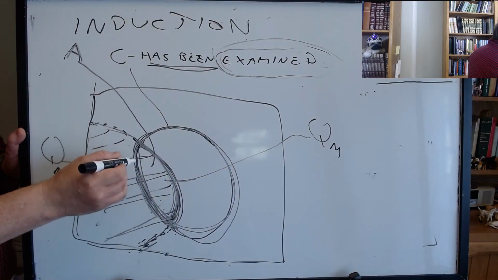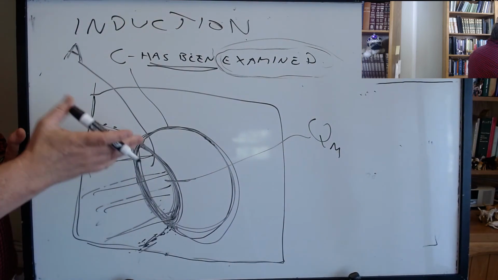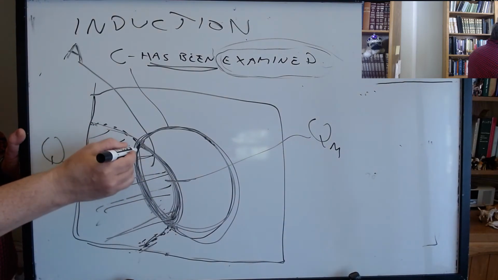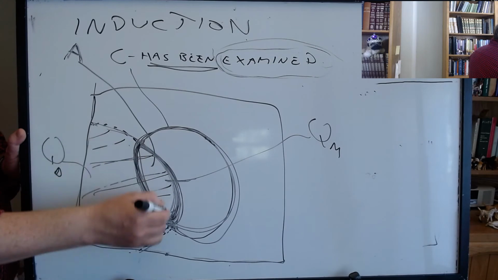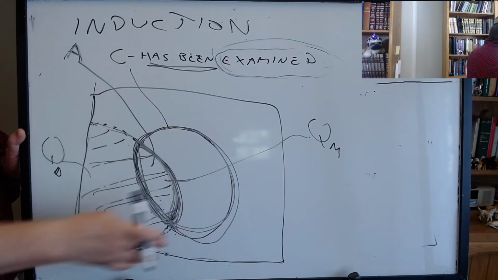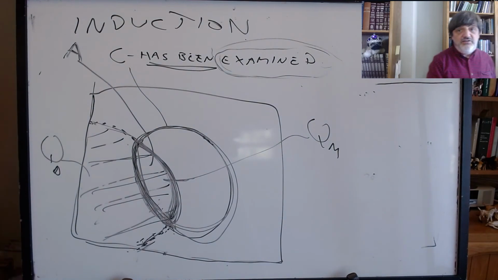We want to find a manifest predicate that matches QM inside the circle of the things that have actually been examined.